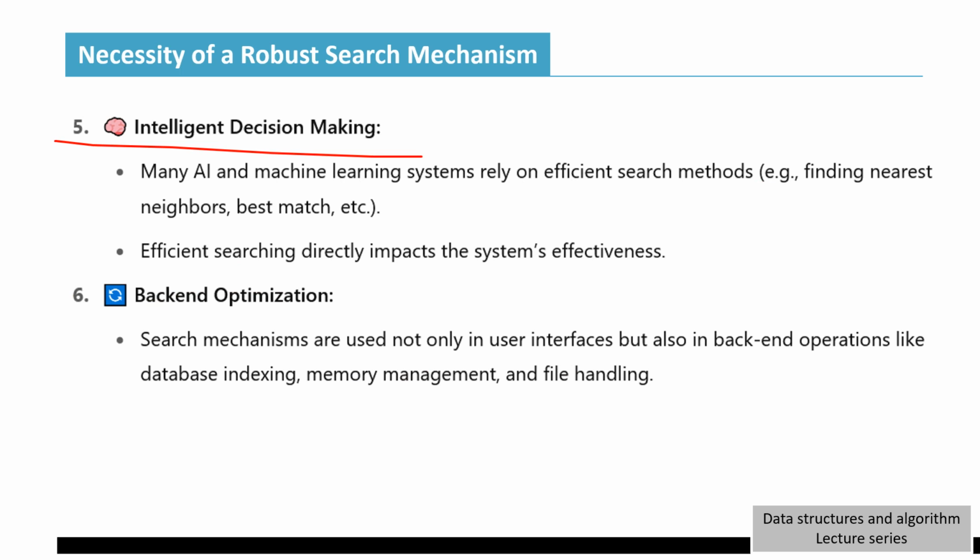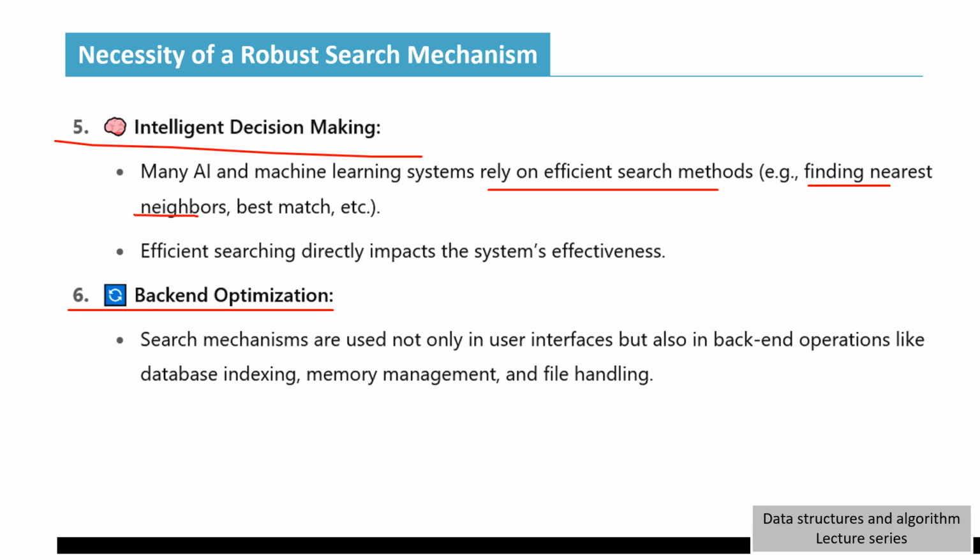Then intelligent decision making. Many AI and machine learning systems rely on efficient search methods, that is finding the nearest neighbor, the KNN algorithm, K-means clustering, etc. Efficient searching directly impacts the system's effectiveness.